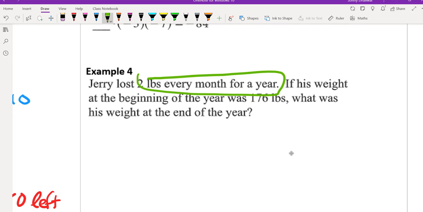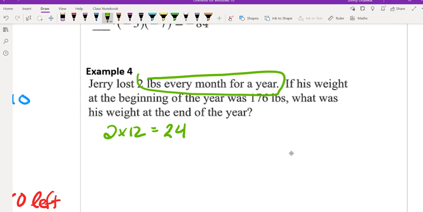Yes, Max. We multiply 2 by 12. And what are you calculating when you say 2 times 12, Max? The 2 is the pounds and 12 is the months. So we get 24.